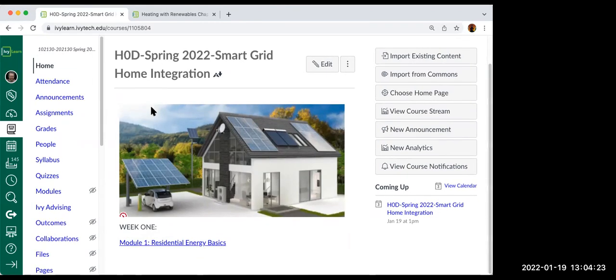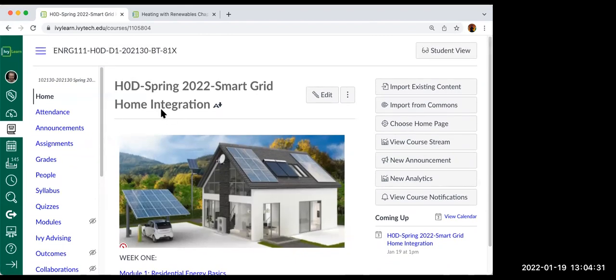So all we have today is module 1 available. This class is called Smart Home or Smart Grid Home Integration. Really what it's about is learning energy efficiency in order to build or look at a house. It's not always going to be about building a brand new house, because you may not be able to afford to do that.